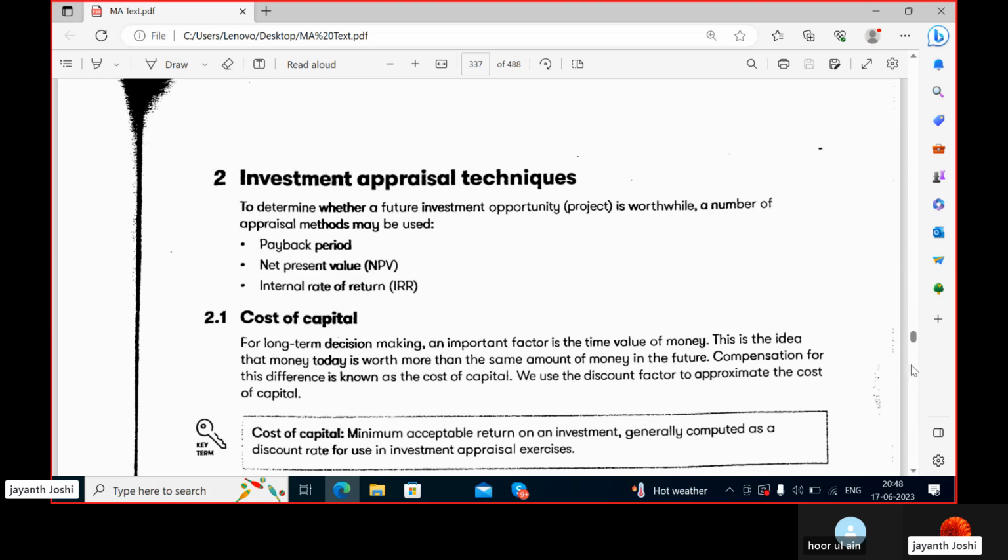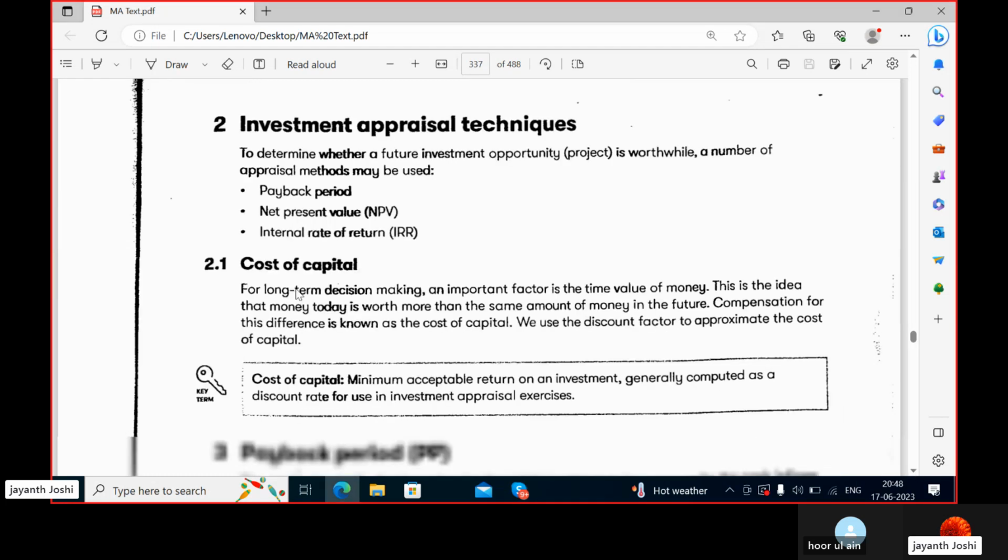Yeah. So we have already checked that $10,000, and we are moving to the next concept, investment appraisal techniques. So there are three techniques with the help of which you can really understand whether to invest in a project or not. Definitely, common sense says any investor would invest in a project if it is a worthy or profitable one.